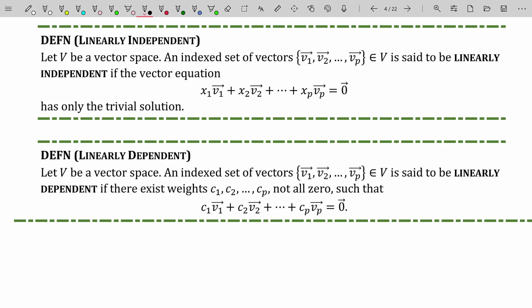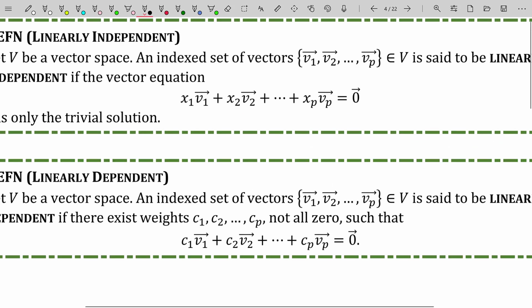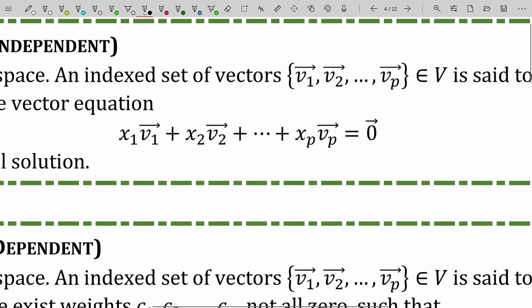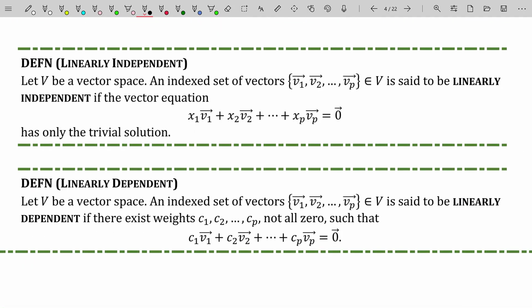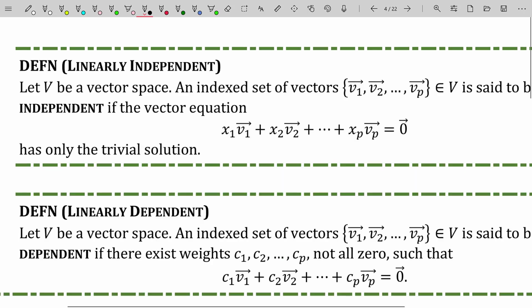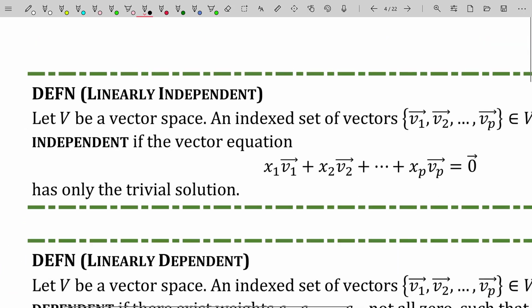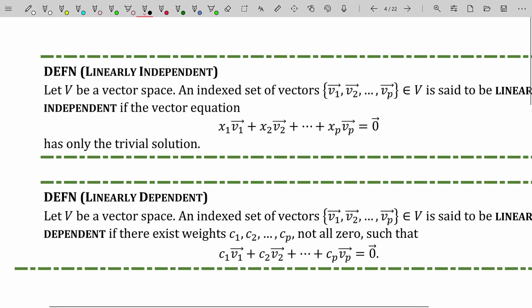The old definitions were in terms of just a set of vectors being linearly independent if the vector equation that you see there only has a trivial solution, and they'd be linearly dependent if there was a non-trivial solution to that equation. Now that we're working with vector spaces, we just include the extra little phrasing. Let V be a vector space, and suppose those vectors are from that vector space.